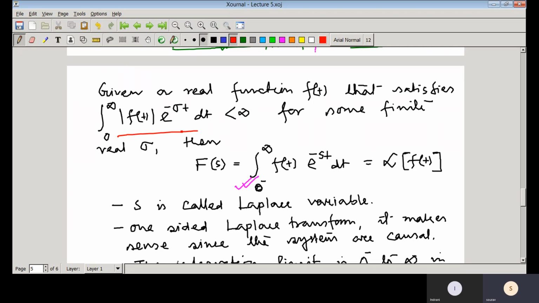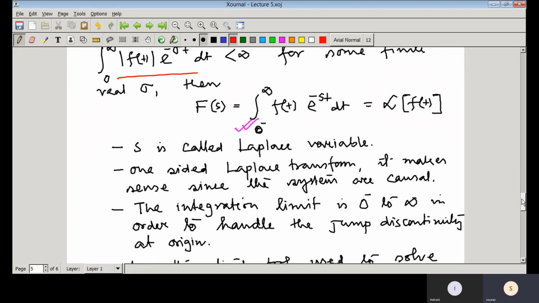We can take some functions which are not Laplace transformable, like say f(t) equal to e to the power a t to the power n. So that is not Laplace transformable, but practically that type of signal does not exist. So mathematically we can say that we can have many functions which are not Laplace transformable, but practically almost all functions are Laplace transformable.